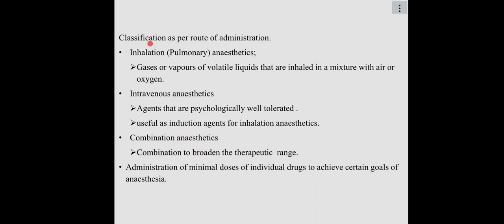So we have talked about the classification as per route of administration. We have the gases or vapors or volatile liquids that are inhaled in a mixture with air or oxygen. We have also said the intravenous anesthetics, agents that are psychologically well tolerated, useful as induction agents for inhalation anesthetics.